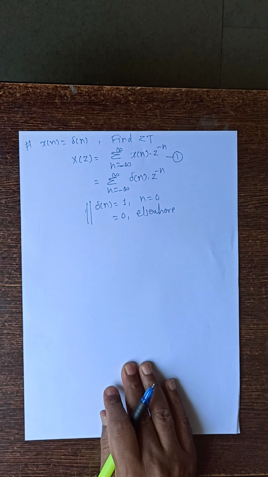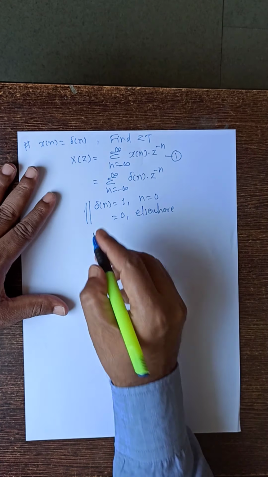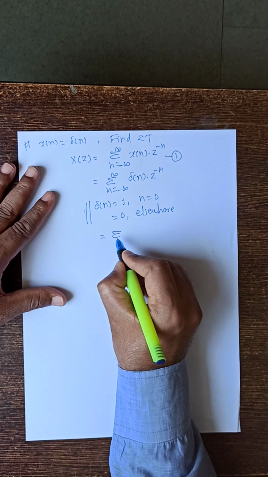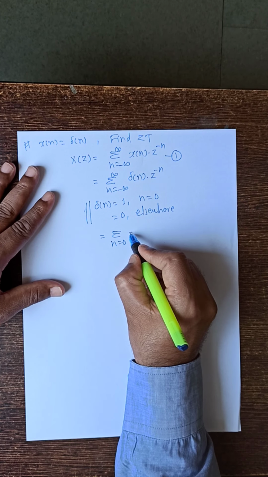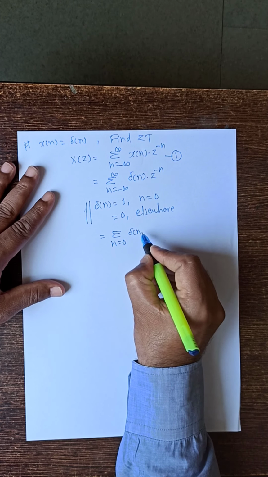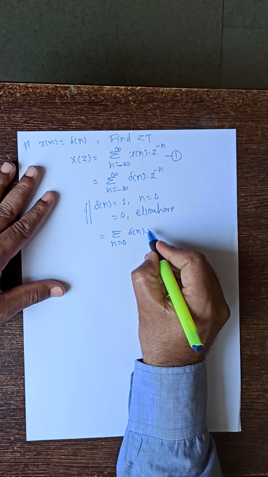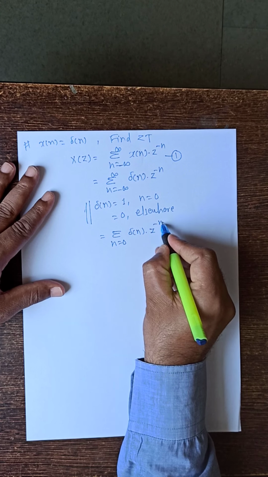So the summation from n equals minus infinity to plus infinity, okay, has no meaning. The meaning is just at n equals 0. So I can write the summation at n equals 0, delta n at z raised to minus n.